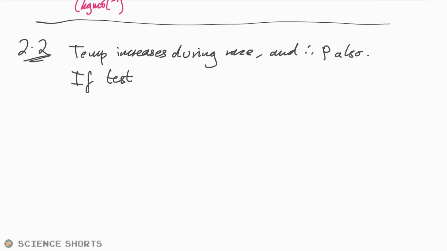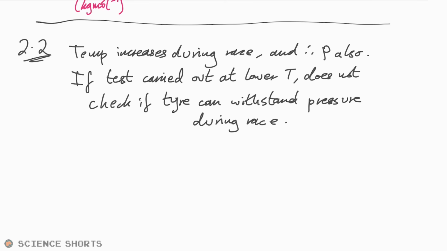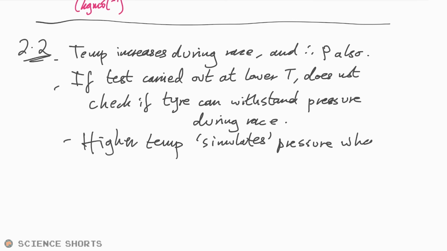If the test is carried out at a lower temperature, it does not check if the tyre can withstand the pressure during the race. Can't stand the pressure, man. I guess we could say higher temperature simulates pressure when more gas is added. There we go, something like that, I don't know.